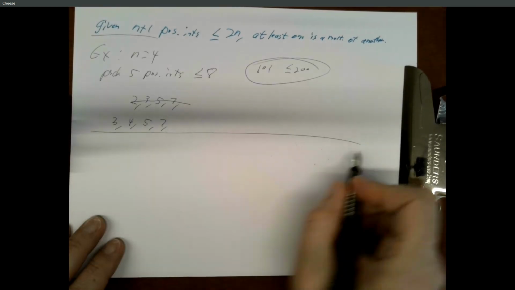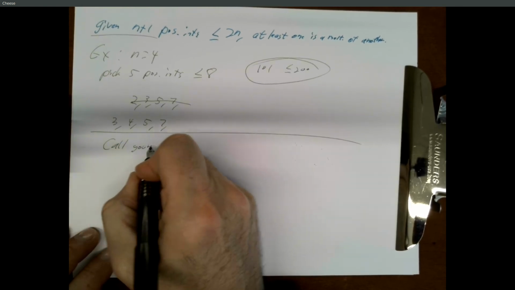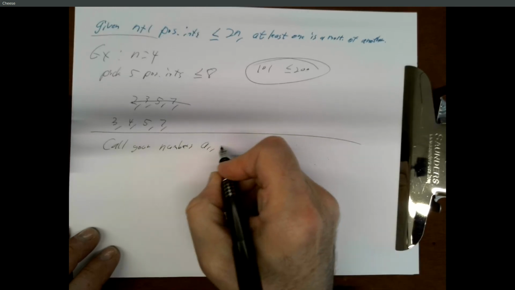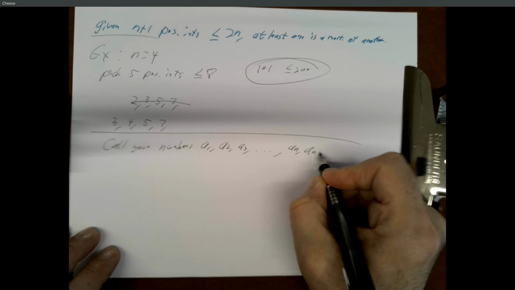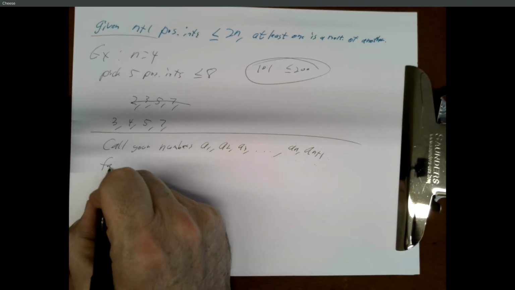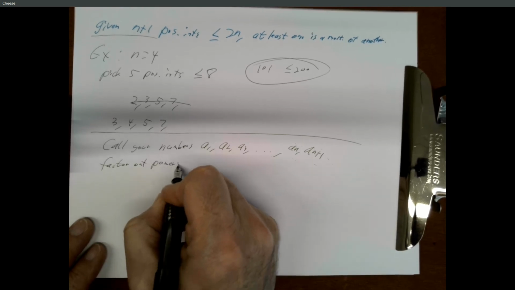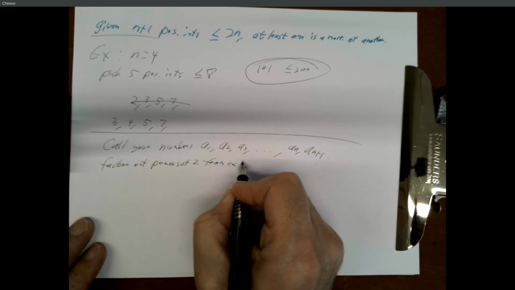So let's suppose we've picked n plus 1 numbers. Call your numbers a1, a2, a3, all the way up to a_(n+1). I'm just naming my numbers. Factor out powers of 2 from each.